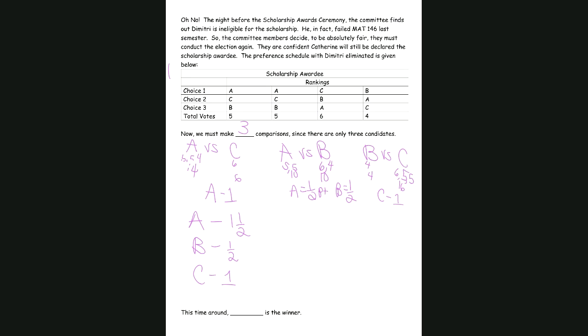Gave her another point. So now Anastasia with 1.5 points is the winner of the scholarship. So as you might have guessed, the Copeland method violates a fairness criterion.